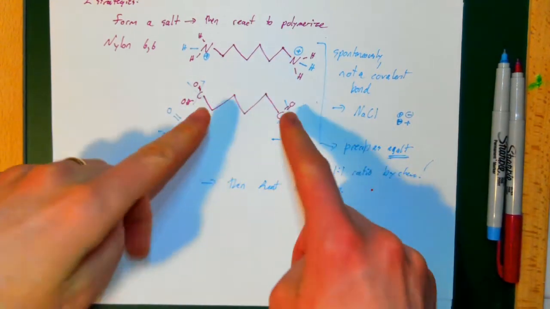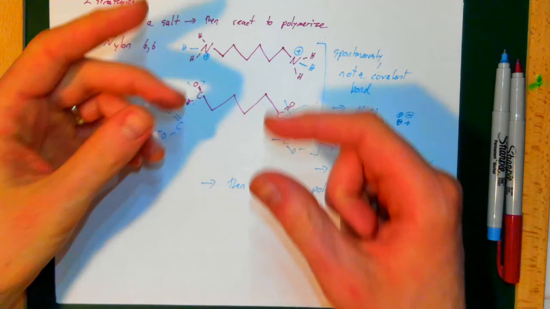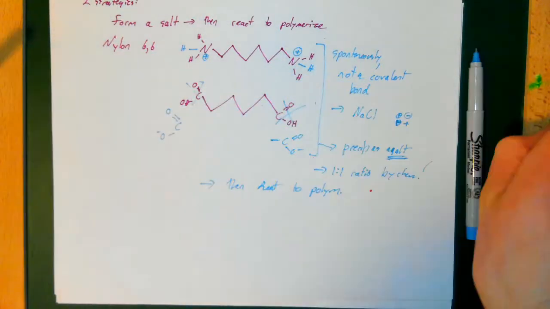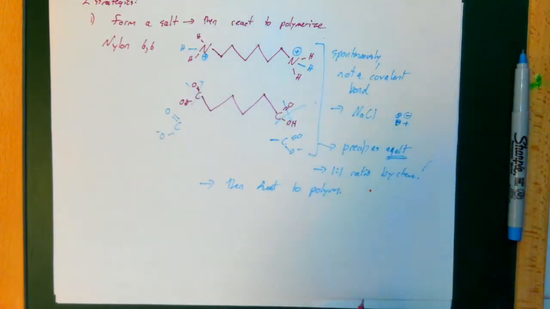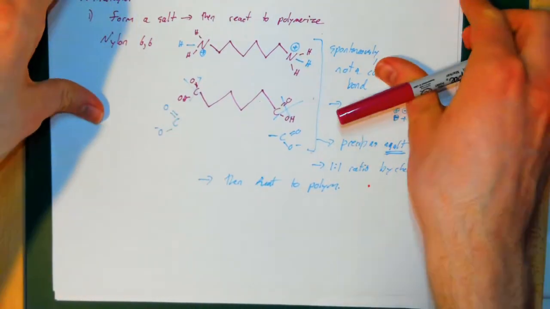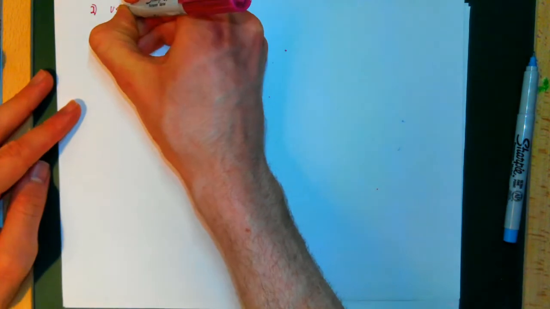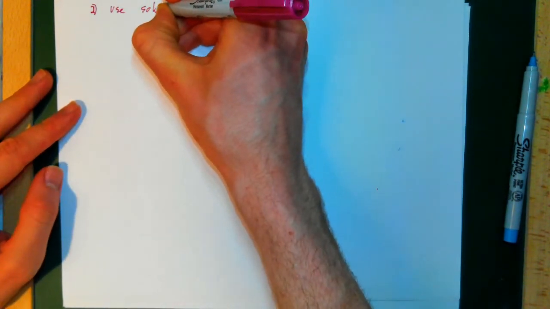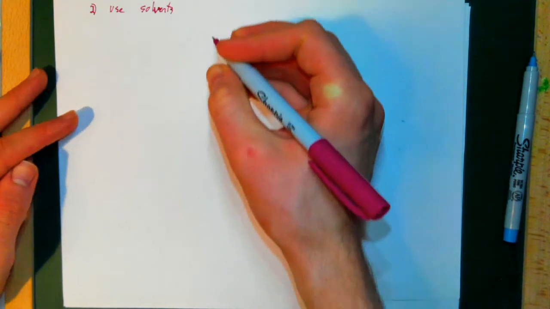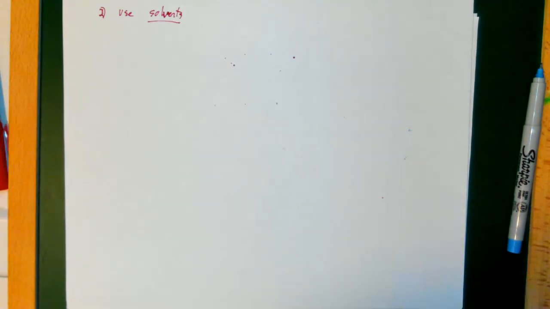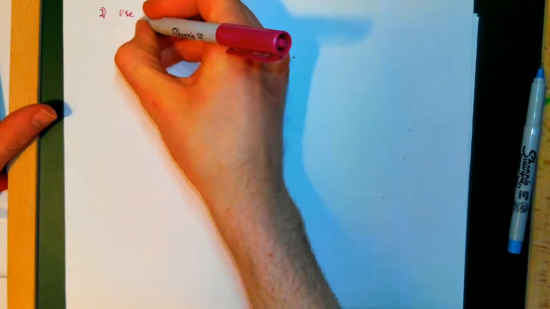and then you get a high molecular weight because you have a proper molar ratio. So this is strategy number one to form a salt. Strategy number two is to use solvents, but these solvents are mutually immiscible.